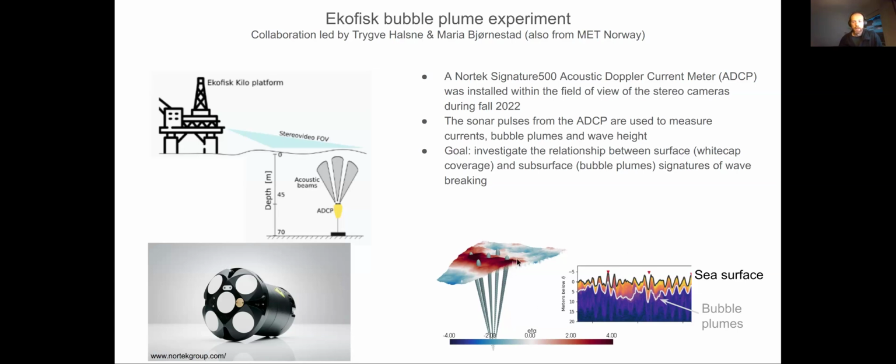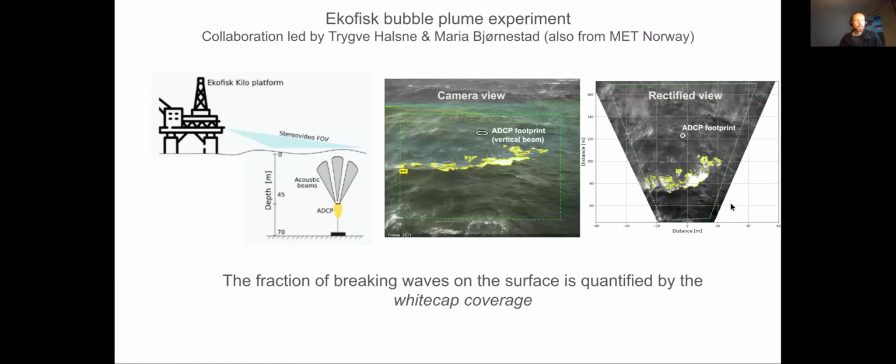And next to that, we see the geometry of the ADCP beams projected onto the sea surface elevation reconstructed from the stereo video cameras. So in these figures, you can see the approximate position of the vertical ADCP beam footprint on the raw imagery from the stereo video cameras.